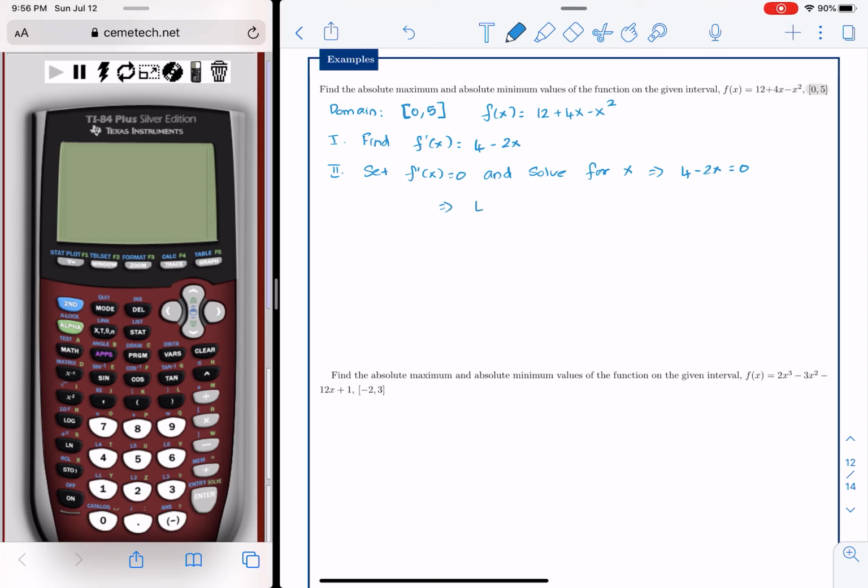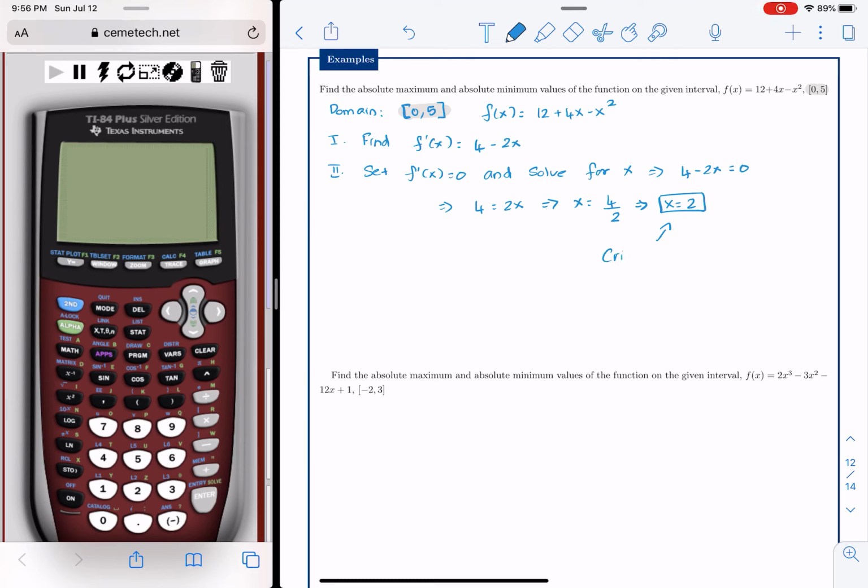So we have 4 equals 2x. x would equal 4 over 2, which would imply x is 2. x is 2, and 2 lies in between 0 and 5. So we have a critical value in the domain of the function.